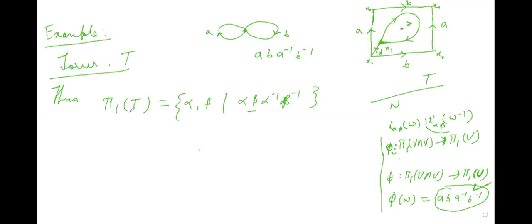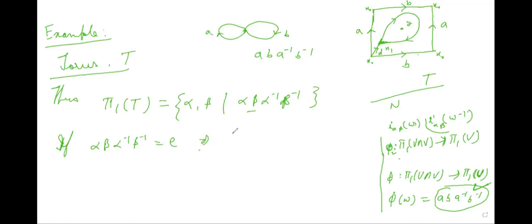So what does it mean, right? How does it come to Z cross Z? If your alpha beta alpha inverse beta inverse comes out to be identity, right? These are the relations, means this will come out to be identity in the fundamental group pi 1 T, right?